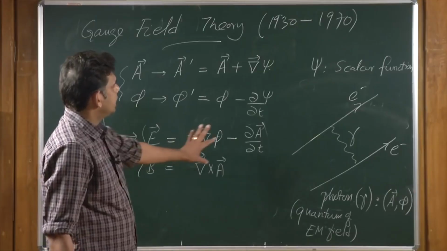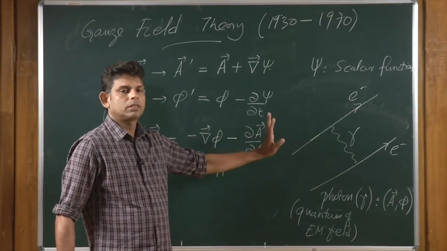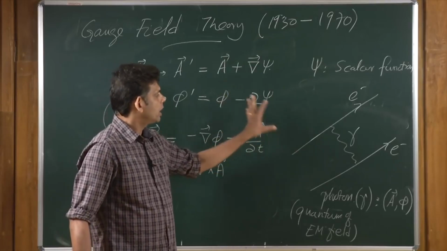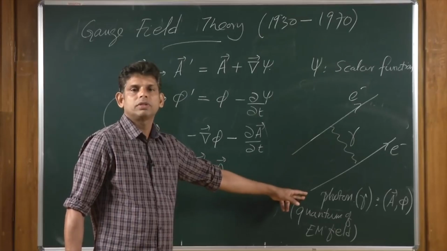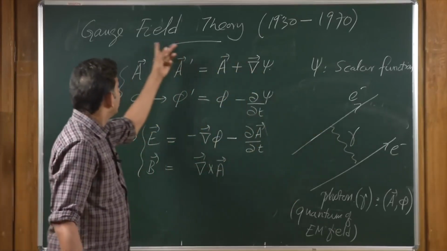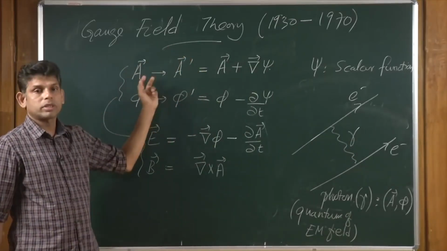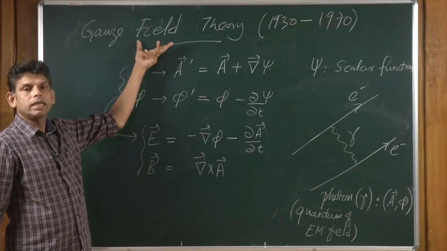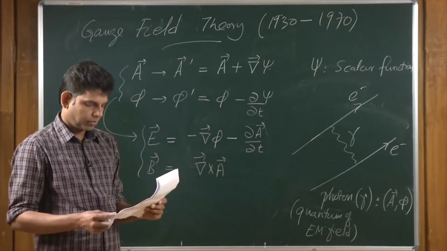And now there is a very consistent, beautiful way of understanding this interaction between two charged particles through the exchange of such photons, mathematically considering the gauge transformations, gauge symmetry and the gauge field theory in general. We will come to that, discuss this.